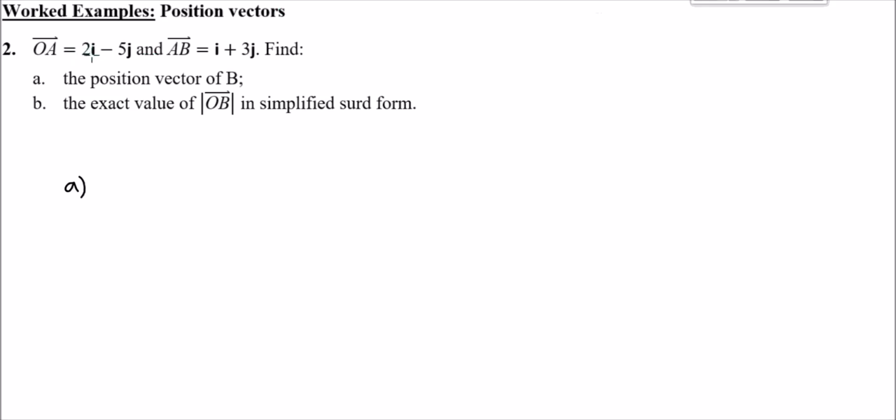So OA means we're going 2 along and 5 down. So it's quite steeply down here. So that's O. That's A. And then AB, starting at A and going to B, we're moving 1 along and going 3 up. So something like this perhaps.